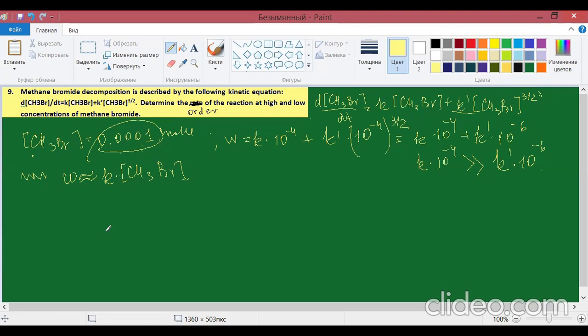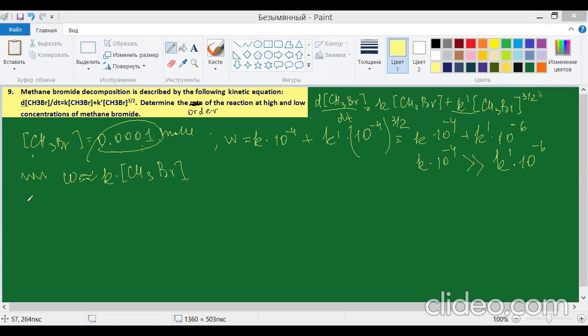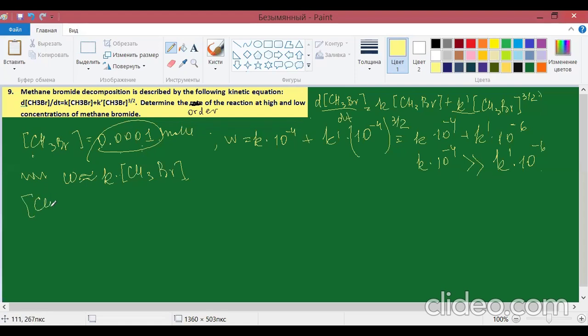Now, let's take the concentration of this reagent as, let it be 100, okay? Let it be so.